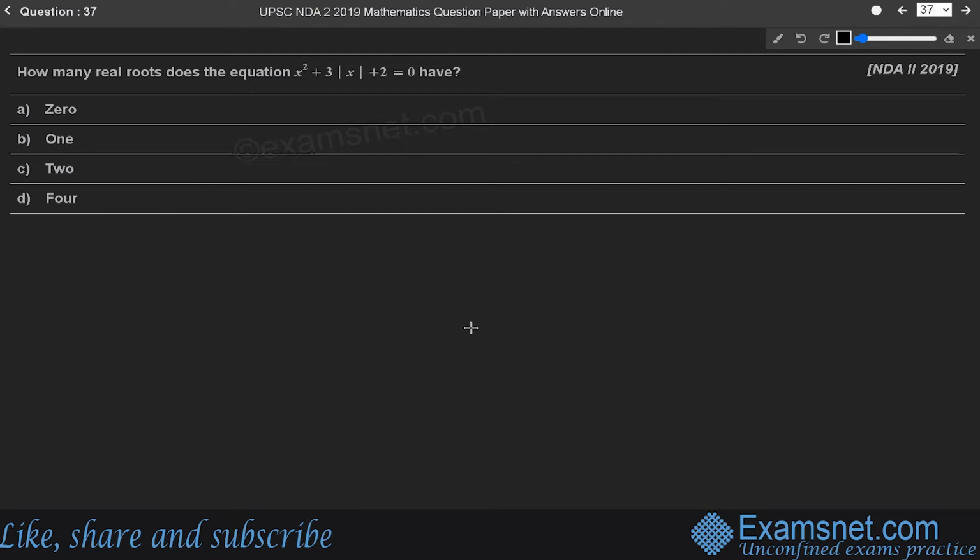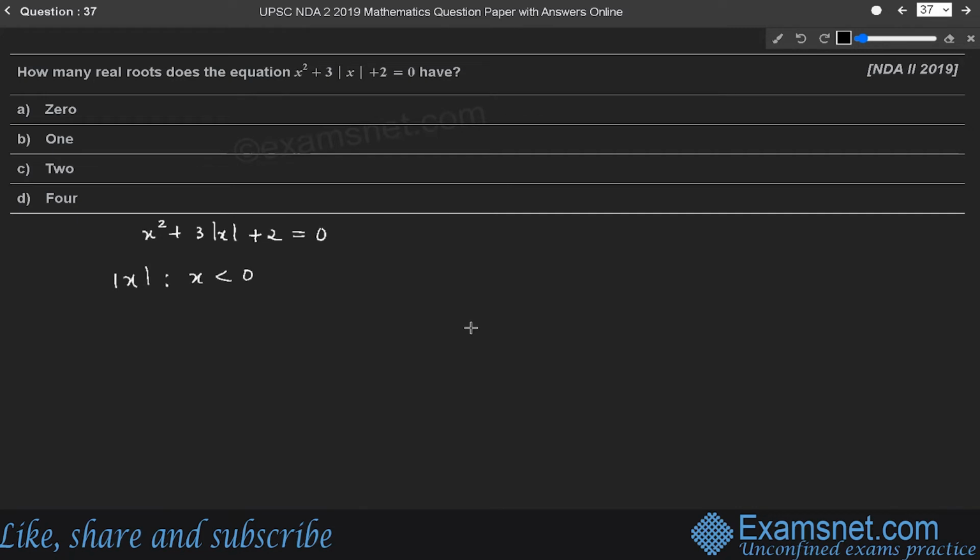Next question is, how many real roots does the equation x square plus 3 into mod of x plus 2 is equal to 0 have? So we have to just find the number of real roots for the given equation. Here, mod of x is minus x when x is less than 0.